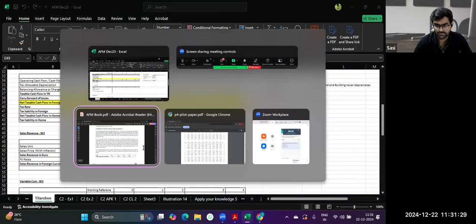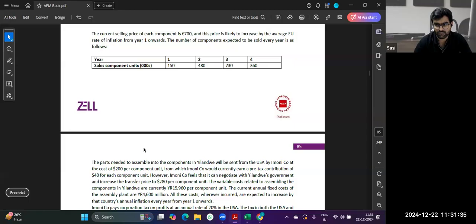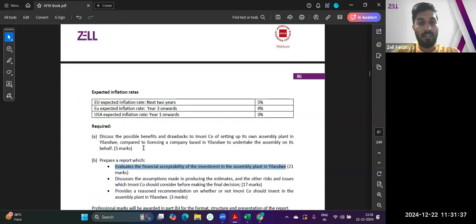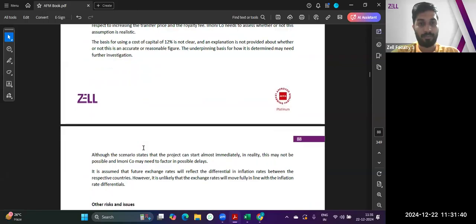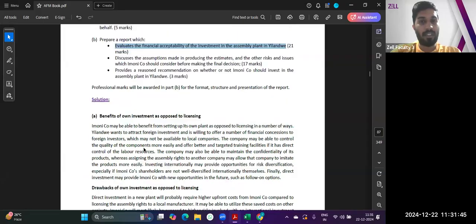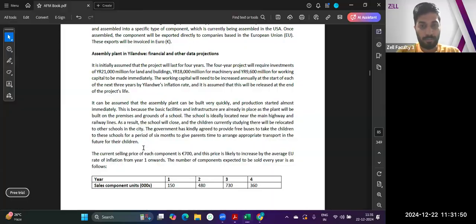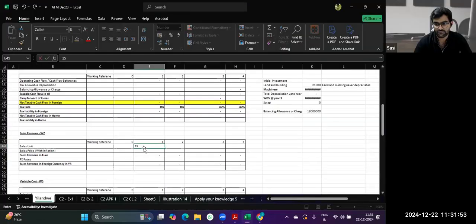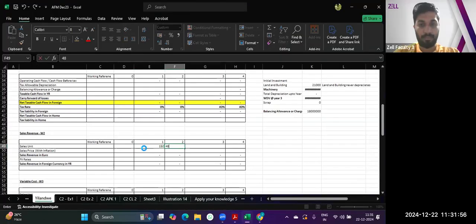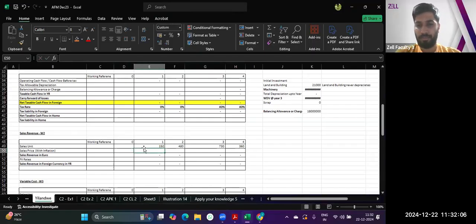We have been given the number of units, right? And are we given the selling price? Yes, sir. What is the number of units? 150 for year 1, then 480, 730, then 360. The sales price is given to us as 700 euros.